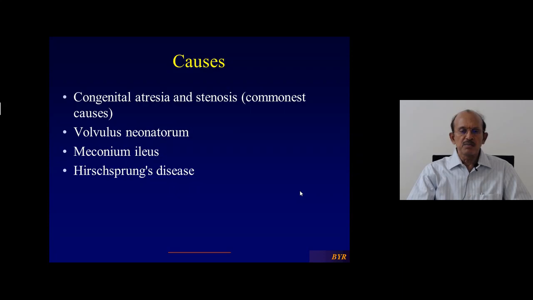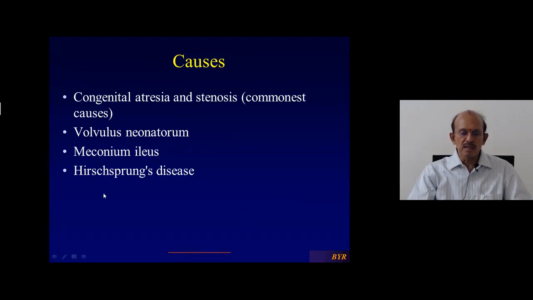This Hirschsprung's disease may manifest either in the neonatal period or few weeks after birth or sometimes even in the adult age. That depends upon the number of aganglionic cells that are present in the rectum.